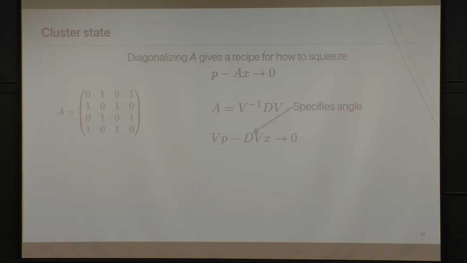Generically I have some eigenvectors v and some eigenvalues d, and the eigenvalues will specify the basis along which I need to squeeze, and the eigenvectors will specify the specific modes I need to squeeze.